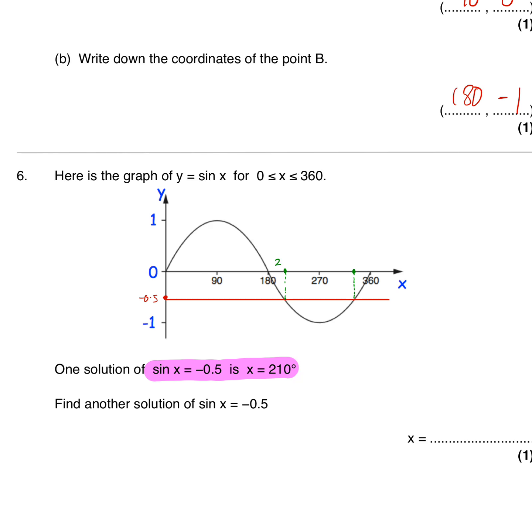Now this answer would be the 210 answer, and the symmetrical distance between that cutting point of 180 and that answer of 210 would be repeated and be of the same size here, from that cutting the axis point to my solution. So if that's 180 plus 30 to make 210, this would be 360 take away 30 to make 330.